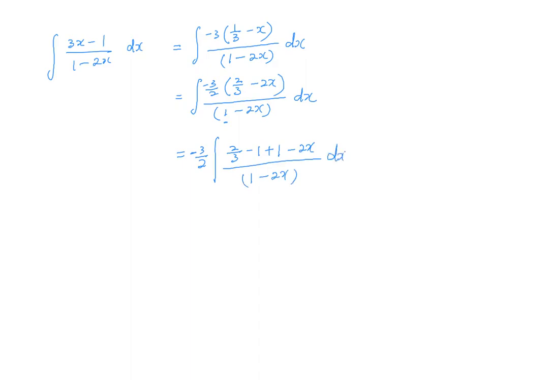So you know how I create? Why I -1 + 1? Because I want the 1 and the -2x to be together. So I take this as 1. Then I simplify this.